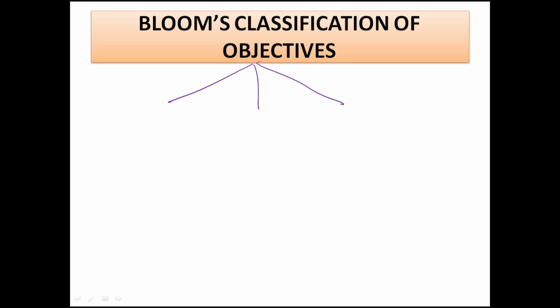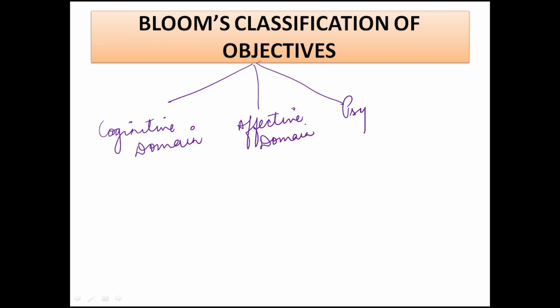Any objectives we write must fulfill three main things: the cognitive domain, the affective domain, and the psychomotor domain. So if we write any objective, we have to take these three domains in those objectives.